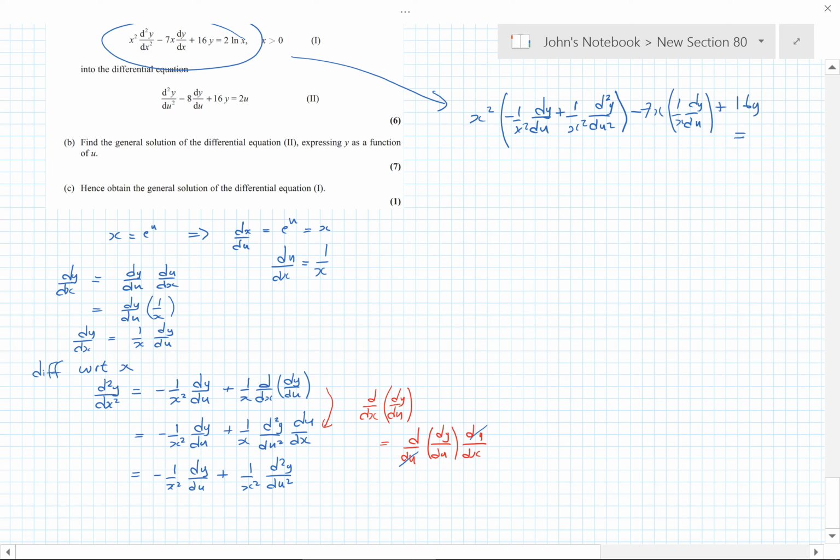Now ln x, of course, is equal to u, so that will be 2u here.